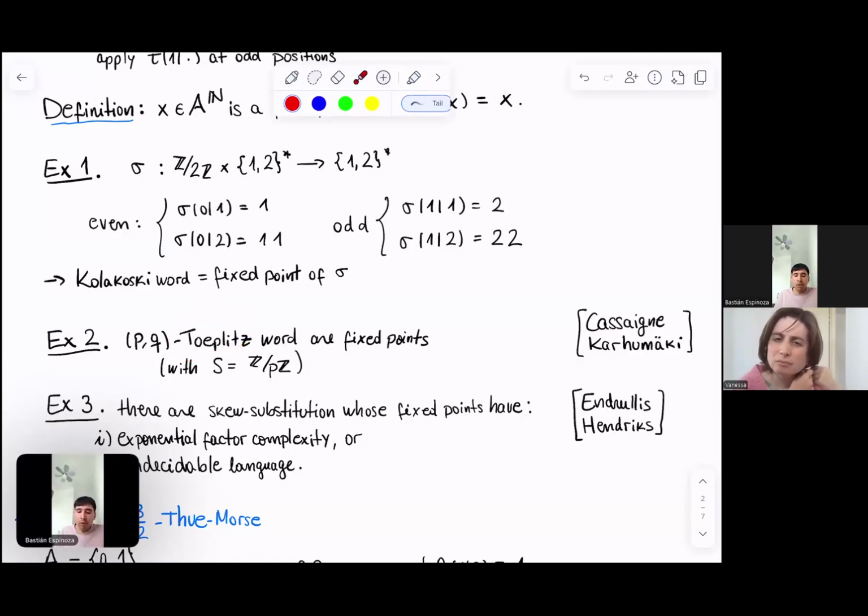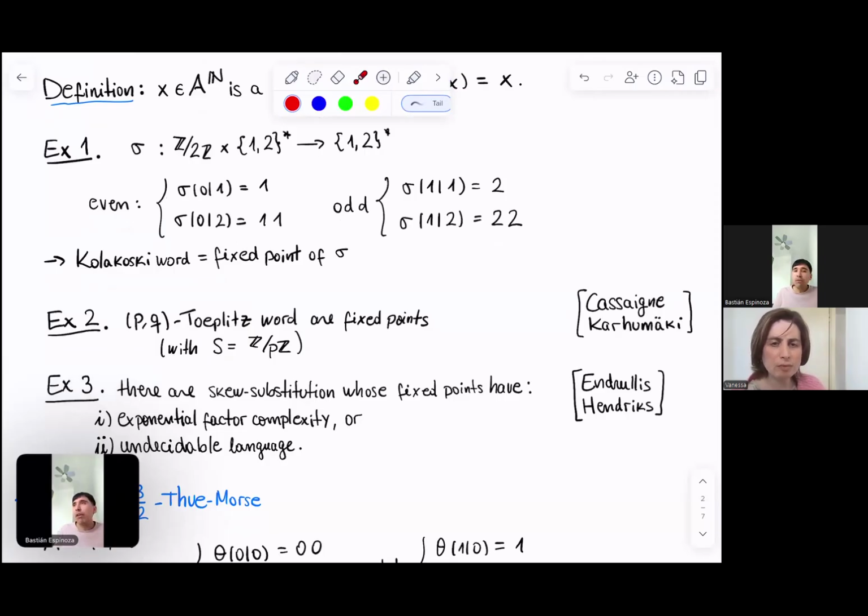And thanks to their work, it can be seen that these are also fixed points of these skew substitutions with some additional structure, but the point is that they are also covered by this formalism. These examples are already quite interesting because, for instance, they have a superlinear factor complexity, which goes already beyond the classical examples of substitutive examples, for instance, Sturmian subshifts and so on.